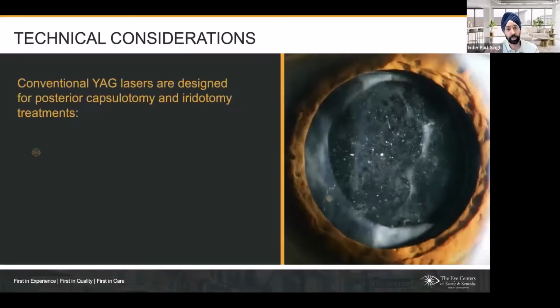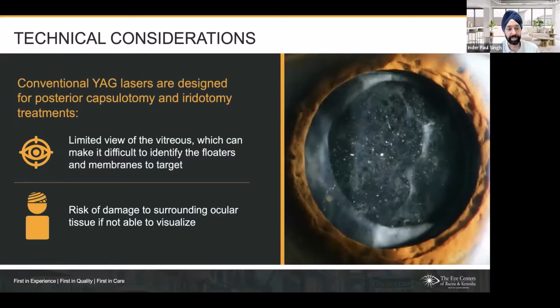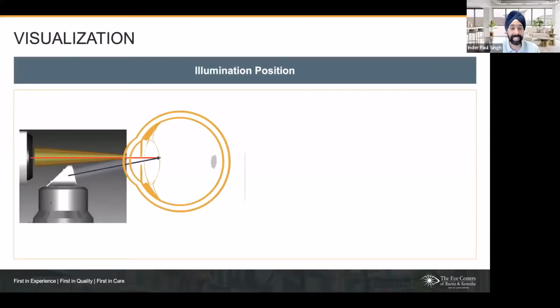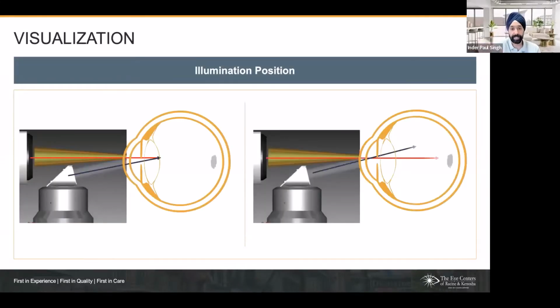And so why is this so important? If you think about traditional YAG lasers, initially they were really developed so we could do capsulotomies and laser peripheral iridotomies. And all we cared about was looking at the capsule, nothing behind that. So the way YAG lasers were designed was with an off-axis or non-coaxial illumination tower, where the illumination is coming from below and the oculars and your aiming beam are coming from a different optical pathway.